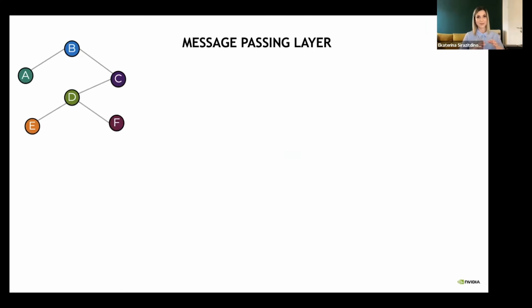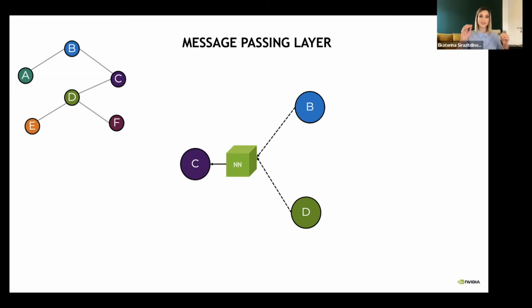Now we are going to show how message passing works. We have the node C, and we have the nodes B and D, which are its neighbors. So node C is here.